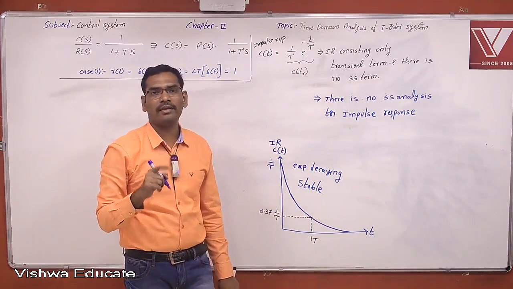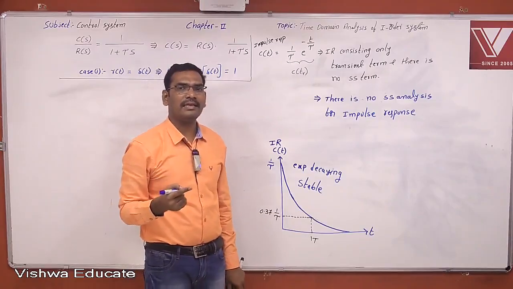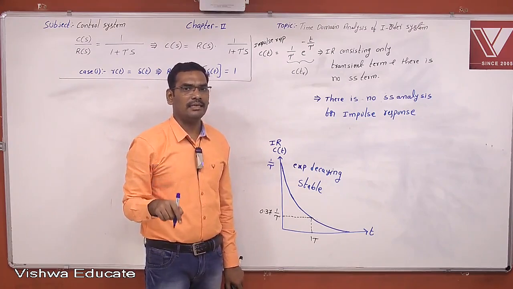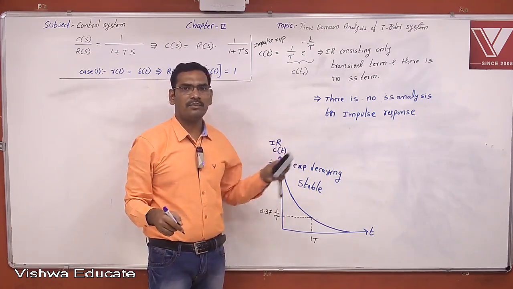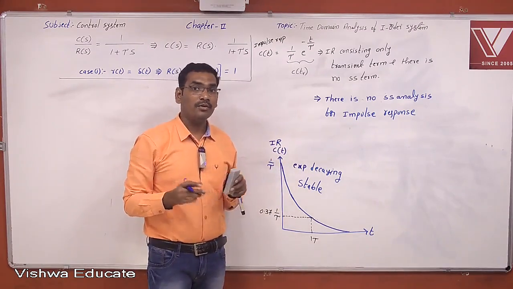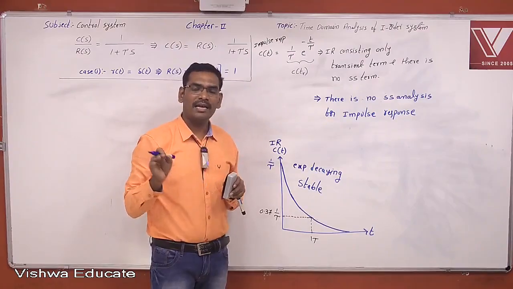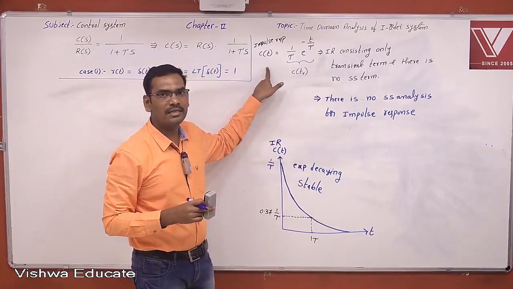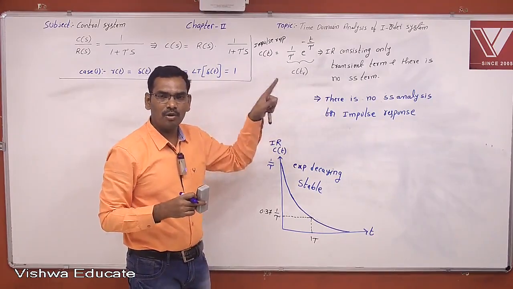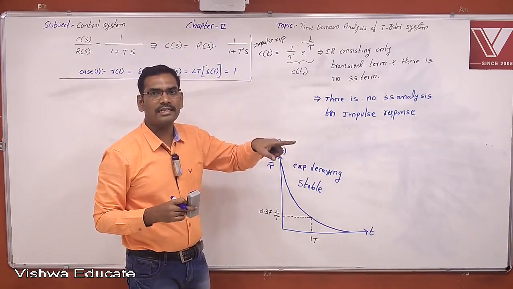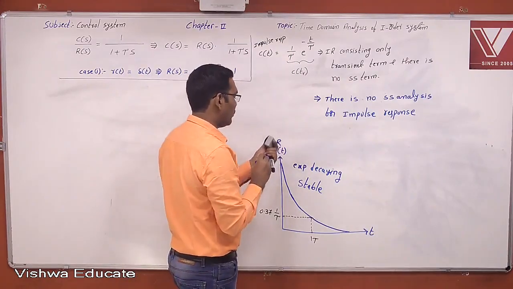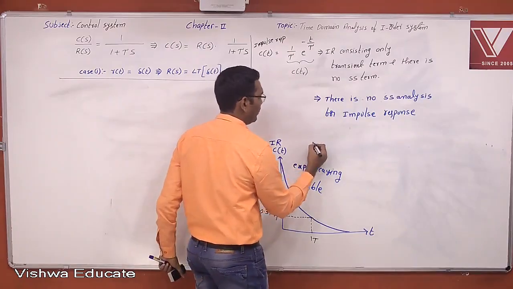This is a very important question. Sometimes in the examination, they give an impulse response and ask for error and steady state error. After completion of this topic, we will have some error formulas. If you apply that formula, you can get some answer, and the answer may even be available in the options. But you have to remember that for an impulse response there is no steady state term, so no error calculation and no steady state error. That's why this is the third important point.